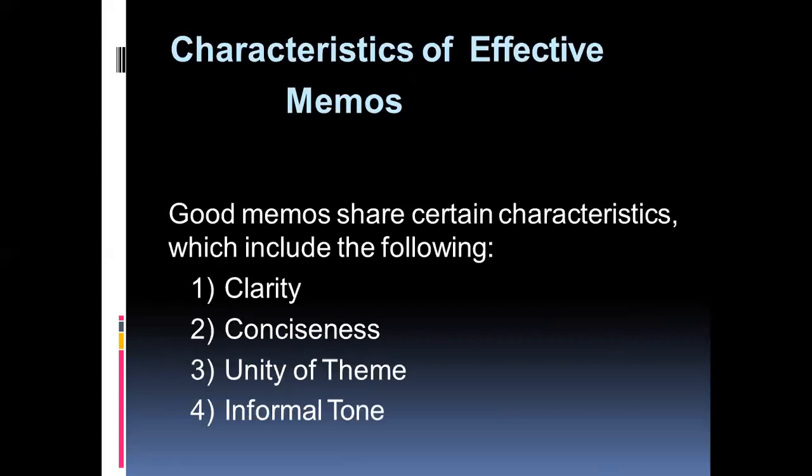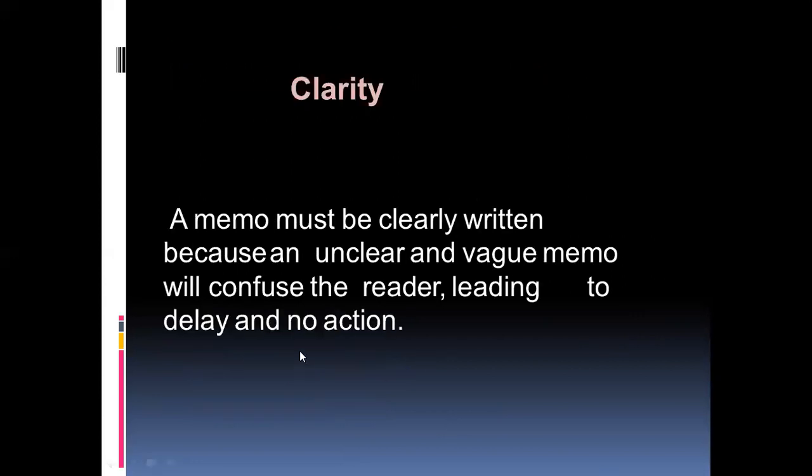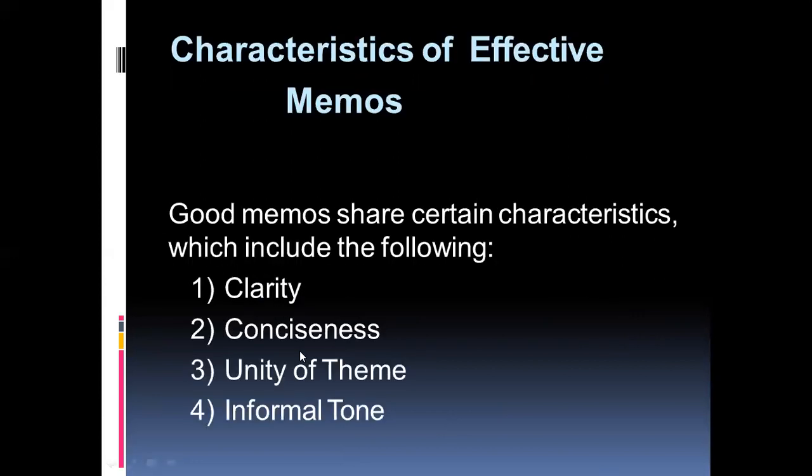Now, the characteristics of effective memos. Good memos share certain characteristics, which include the following: clarity, conciseness, unity of theme, and an informal tone. These are the things we need to keep in mind before writing a memo. It is supposed to have an informal tone rather than being completely formal.